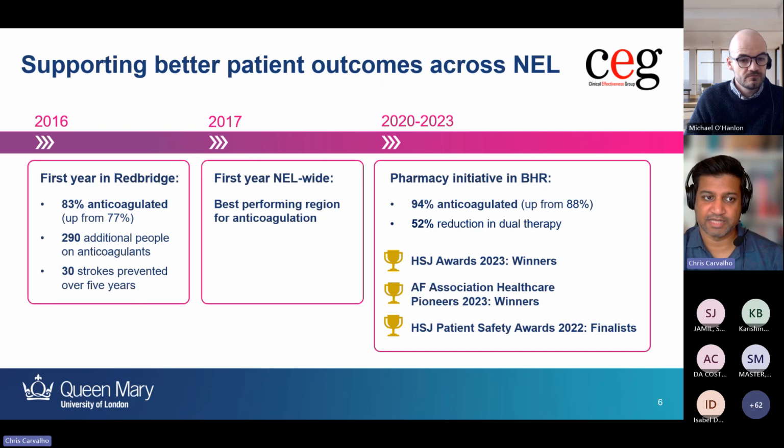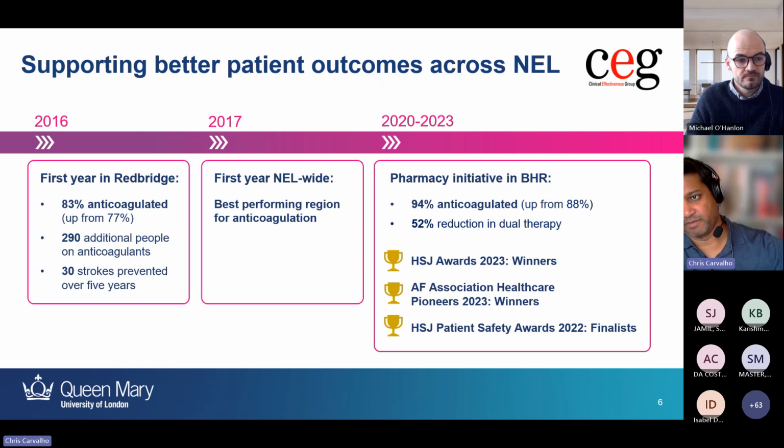Across NEL, that allowed us to become the best performing region for anticoagulation, and this was recognised through the HSJ and the AF Association Healthcare Pioneers Awards, where they were winners in 2013. Through BHI, this pharmacy initiative, the awards were for 94% anticoagulation and a 52% reduction in dual therapy.